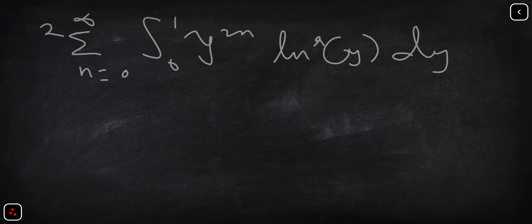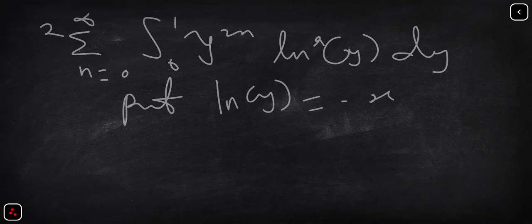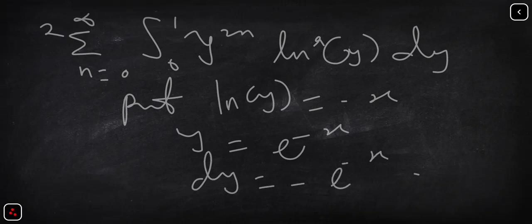So I'm going to make a substitution, like the substitution I made yesterday. I'm just going to say the natural log of y is minus x, then y will be equal to e raised to the power of minus x. Then dy will be equal to minus e raised to the power of minus x dx.